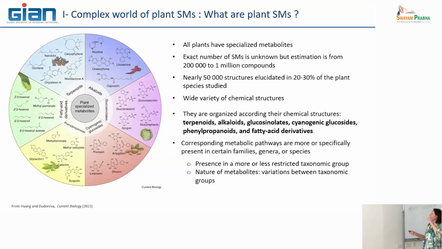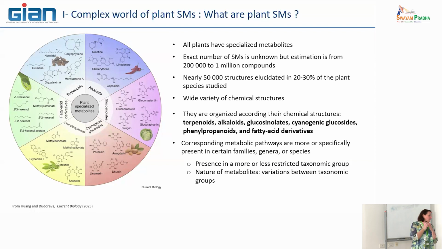What we know is that the estimation is about 1 million compounds, but I think it is less than the reality. Perhaps many more millions of compounds exist in nature. And what we have already characterized is about 50,000 structures.